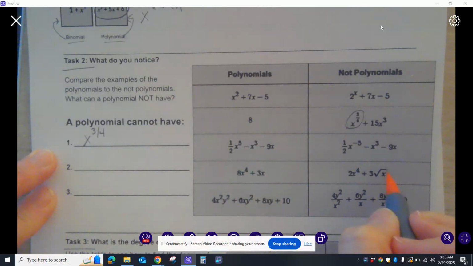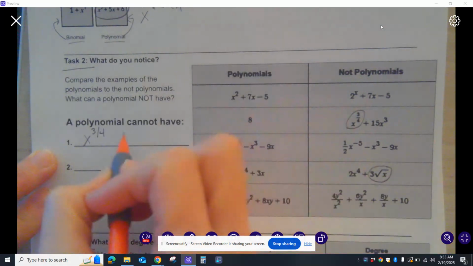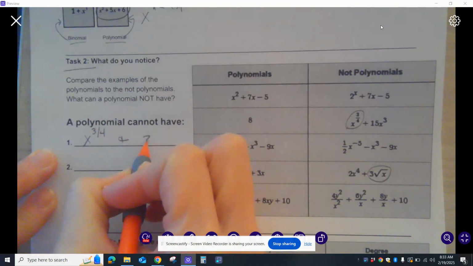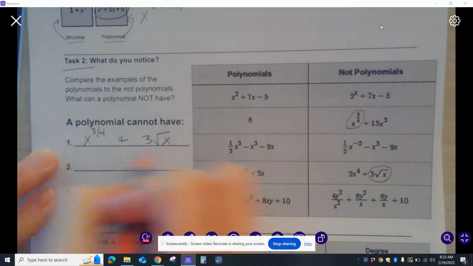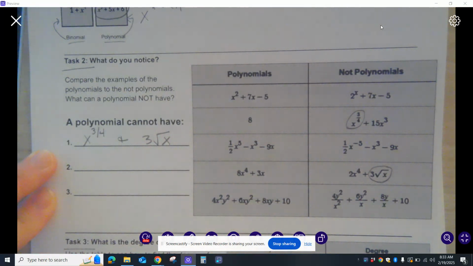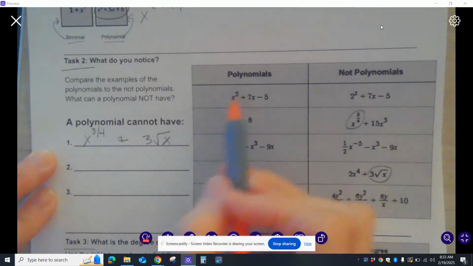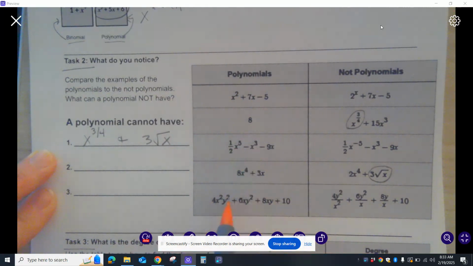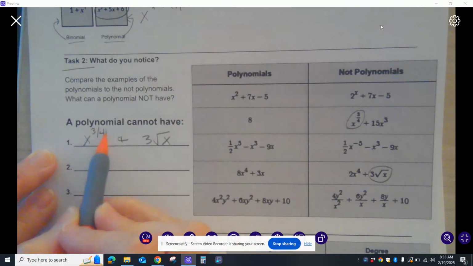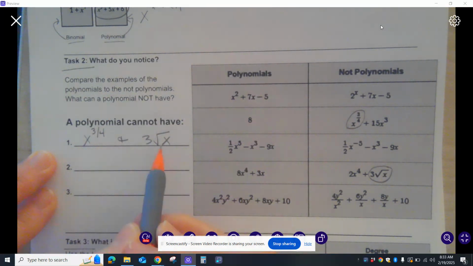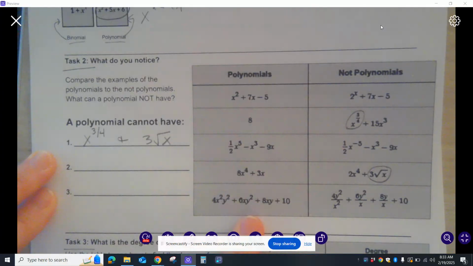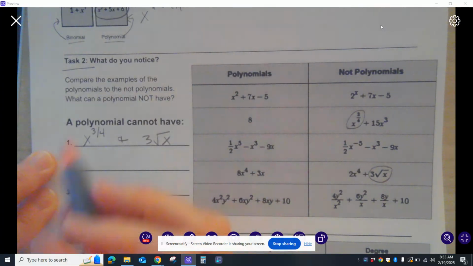And then I'm going to include this on that same line. So if you have that in your expression, that would not be a polynomial. You'll notice none of these have an exponent. They have exponents that are whole numbers, but they don't have exponents that are fractions. And there are no square roots in the polynomial examples.